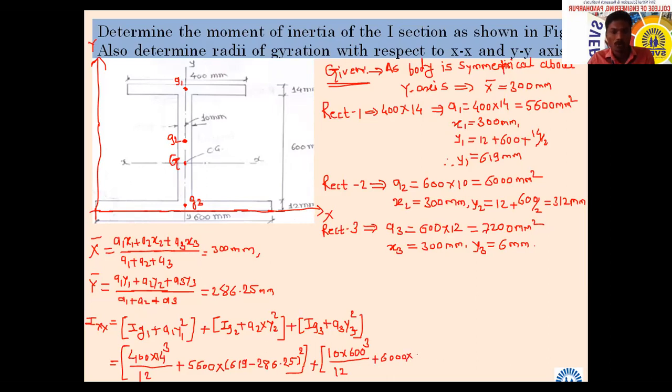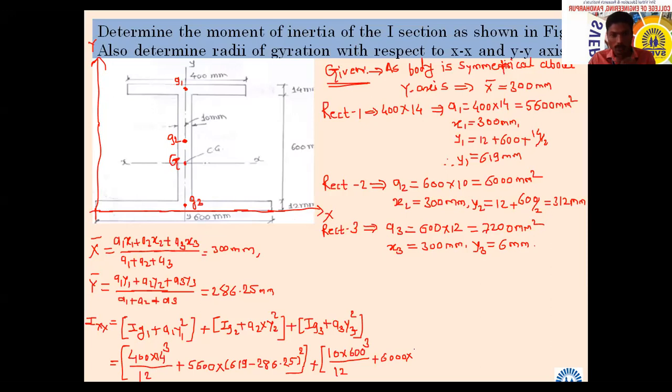the difference between the y coordinates. I am finding distance, so I am intentionally saying distance between y coordinates. What will that be? 312 minus 286.25. Just wait, I have to check.